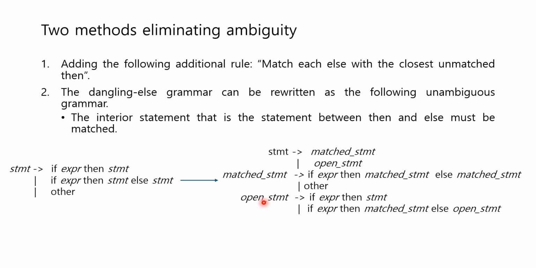So in this open statement, we have if expression then statement, and if expression then matched statement else open statement. The interior statement, which is between the then and else, is replaced by matched statement, where the else is always matched with the closest then. Otherwise we have open statement here.